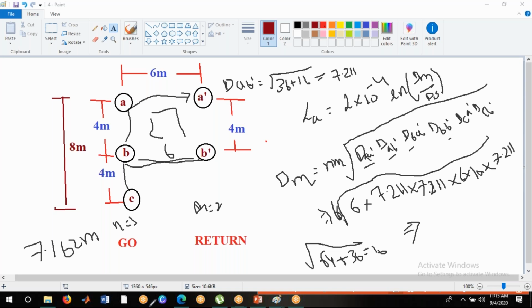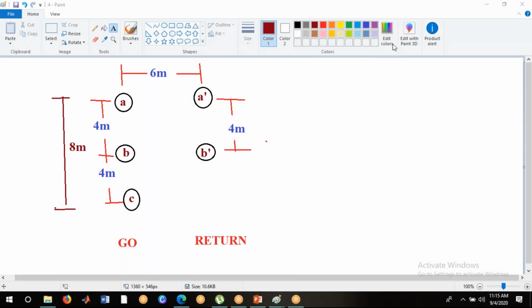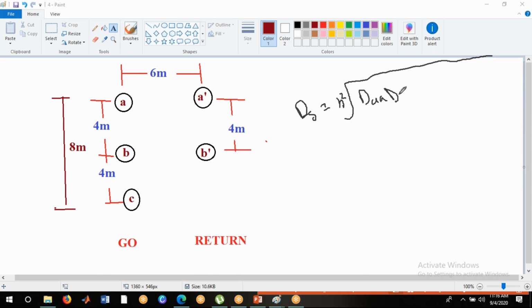Okay? So now we have to calculate the Ds value. The Ds value is given by, since we are finding these terms with respect to the go conductor, it has n number of conductors, so it is n squared root of DAA, next DAB, DAC.